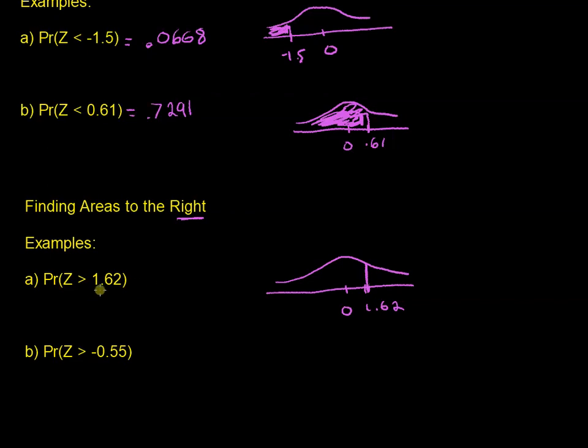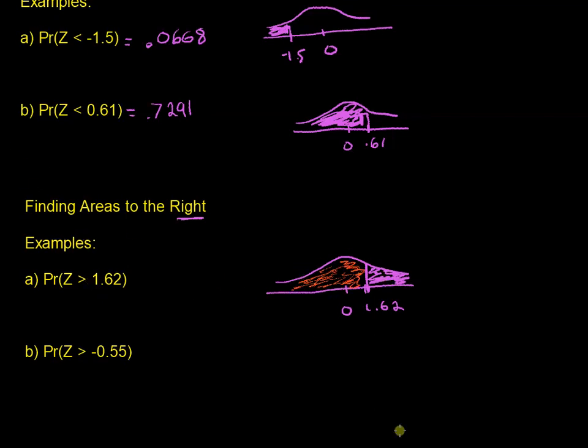We're trying to find the probability that z is more than 1.62, so that's this area here. Now, when I look up 1.62, the table is going to give us this area in red. It's going to give us the probability of being less than 1.62. So to find the area that I've marked in purple, we're going to have to do 1 minus the value that the table gives us.